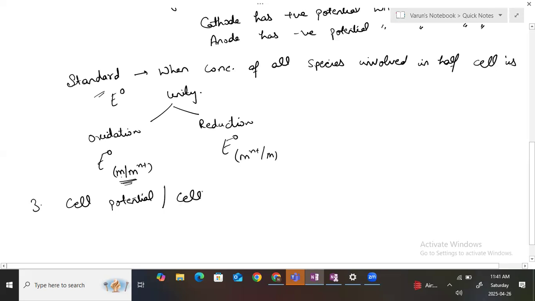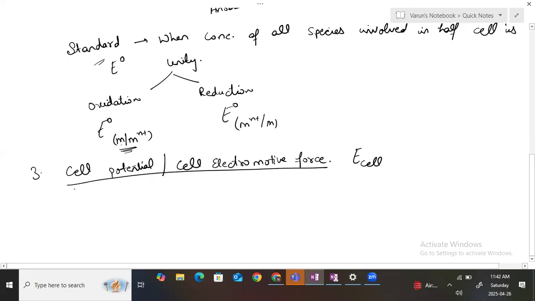Cell potential is also called cell electromotive force, represented by E cell. It is basically the potential difference that is generated between the two half cells.